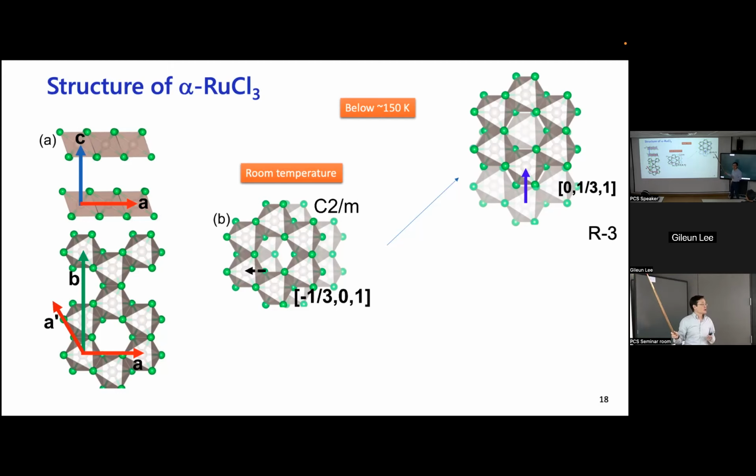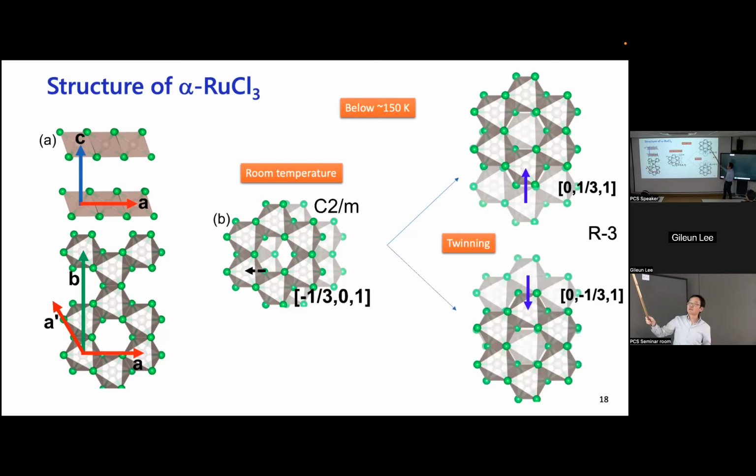One additional thing to consider is that going from here to there around 150 K, there is no reason for it to go in this direction versus that direction. So there is a very natural twinning happening around 150 K. Even if you start with a perfect crystal at room temperature, when you cool down, you are basically flipping a coin and you can get this or that, and most likely you'll get both.